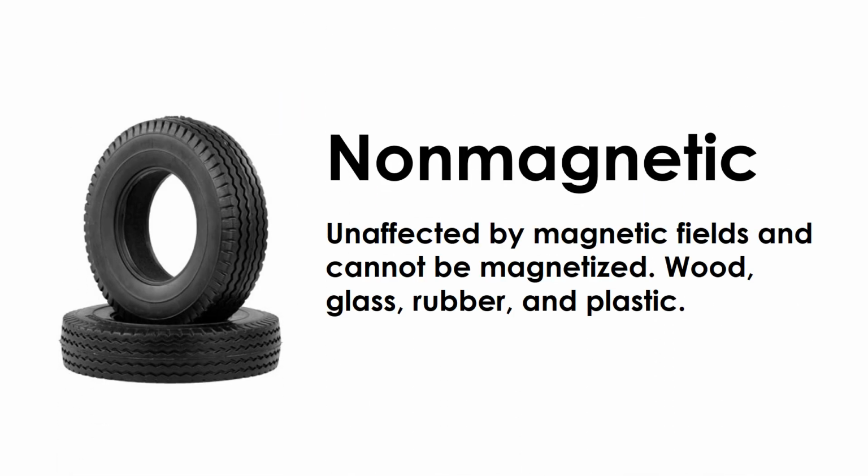Another type of magnetic classification is what's called non-magnetic. Non-magnetic materials are simply unaffected by magnetic fields, and they cannot be magnetized. This includes a lot of organic materials like wood, glass, but also rubber and plastic. All of these materials are completely unaffected by a magnetic field.